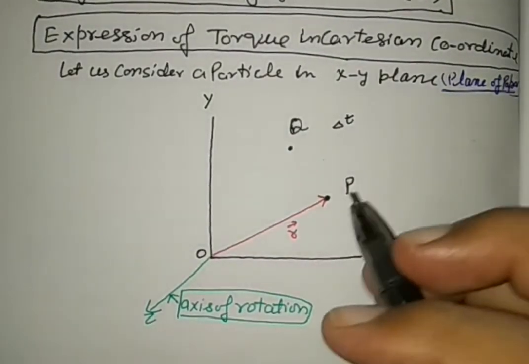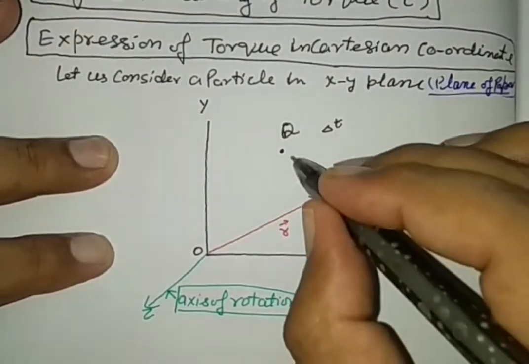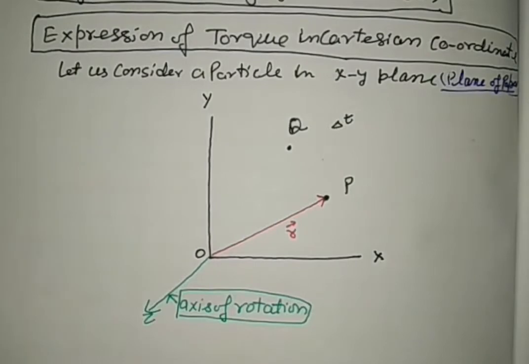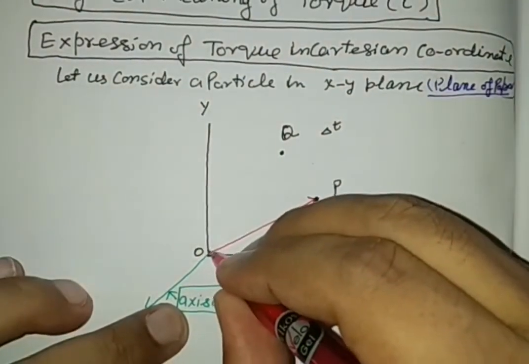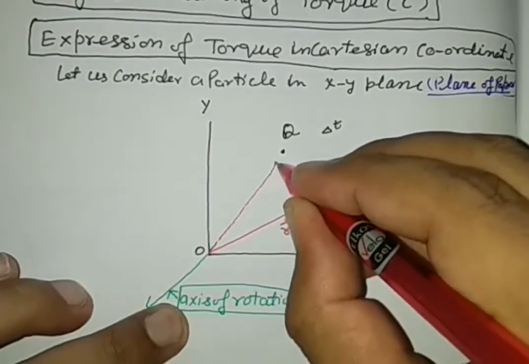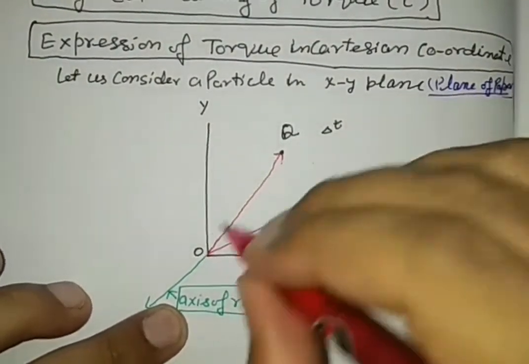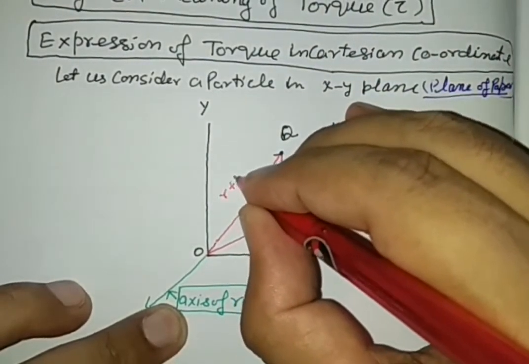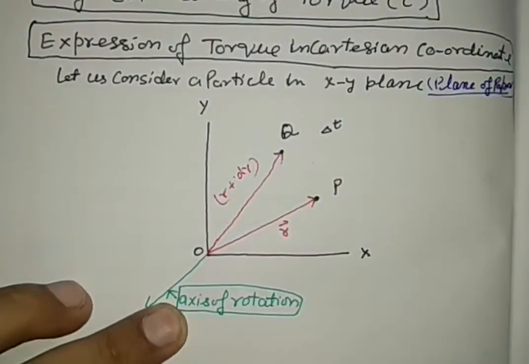right? So position of point P from origin is represented here again from this red color here. This position OQ, let it is given by r plus dr, right?